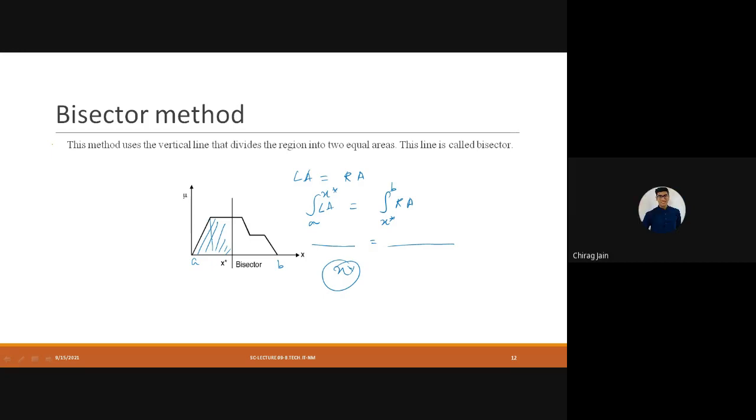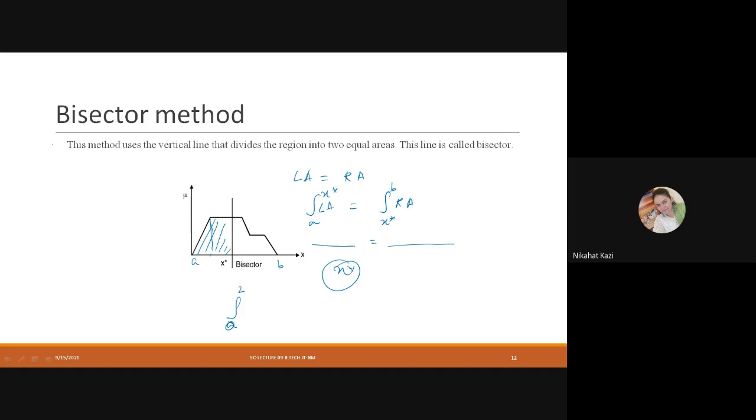Maybe both equations will be in terms of x star. Yes, it will be in terms of x star, but see, how far do you have to go here. See, your x star, if you break this up, it will be from A to some point. This point is, say, some value. Suppose it is 0 to 2, the equation of this line, right?